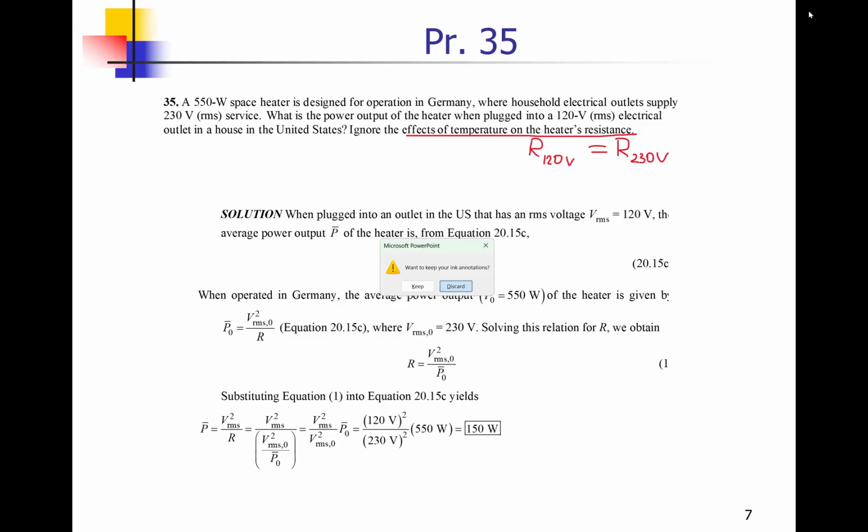Oh, I cannot show you the exam tomorrow, but I can show you how the exam looks like.